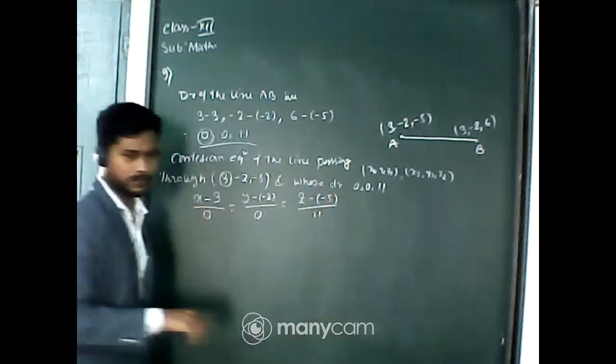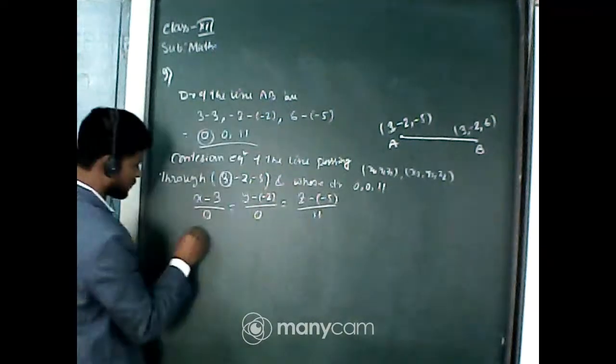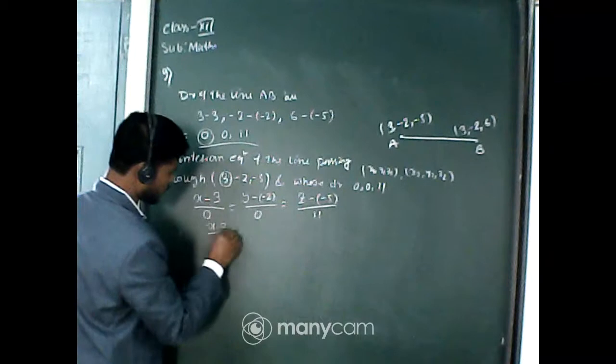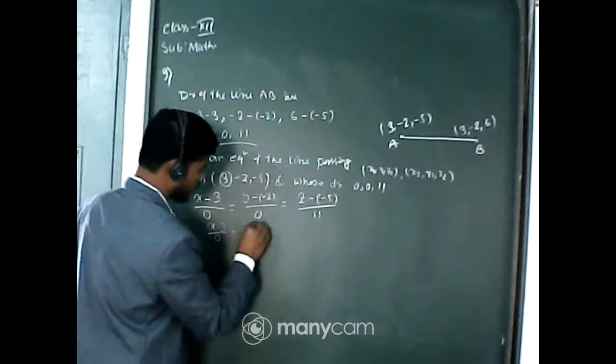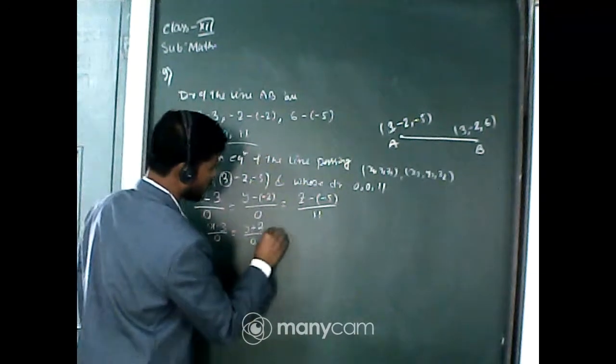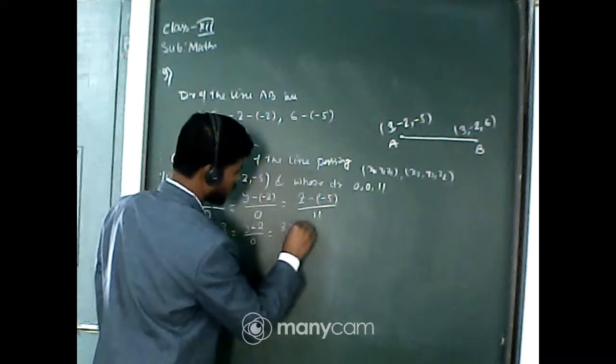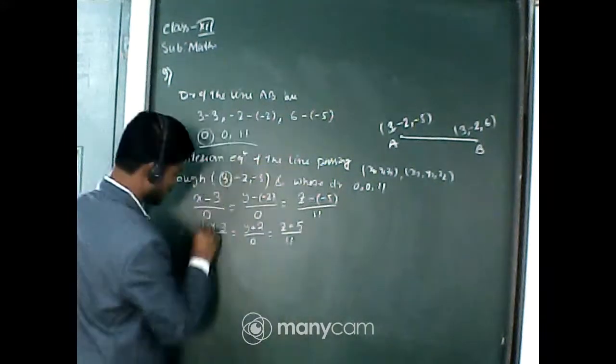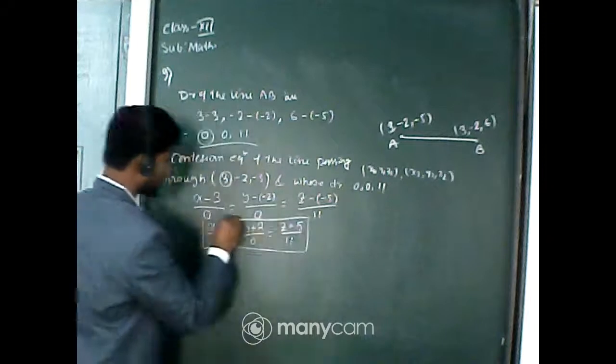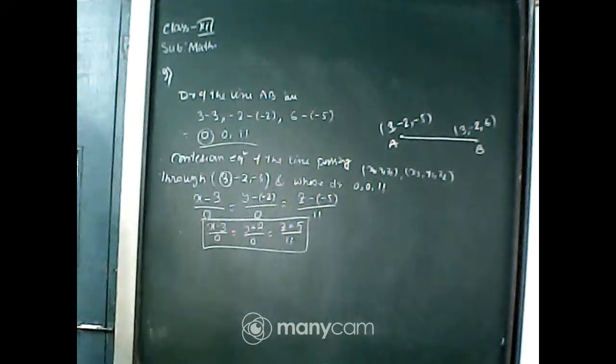Which means (x minus 3) by 0 is equal to (y plus 2) by 0 is equal to (z plus 5) by 11. This is the Cartesian equation of the line.